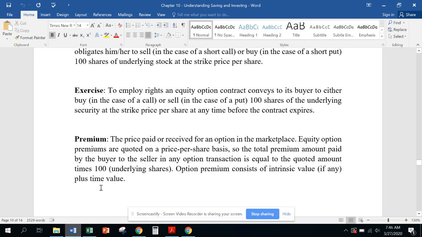But if there is no intrinsic value, then what we're really paying for is time before the end of the contract. Now, I know this doesn't make a whole lot of sense right now, but at least read through the definition. When we get into actual numbers and calculations, these will start to make a little bit more sense.